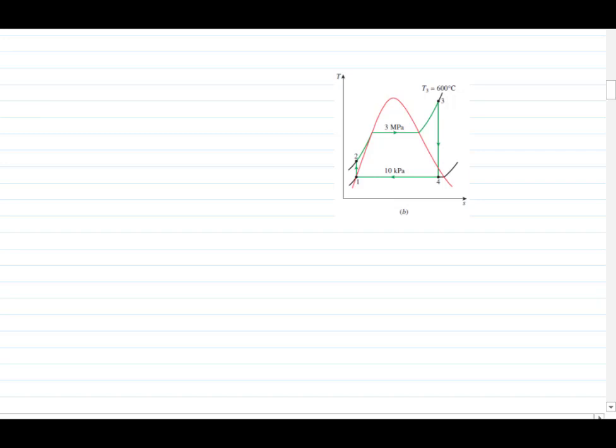So here in this case, as you can see, state 1 and 2 have not changed, and the changes are for state 3 and 4. So we can write for part B of question, state 1 and 2, no change compared to the part A of the question.